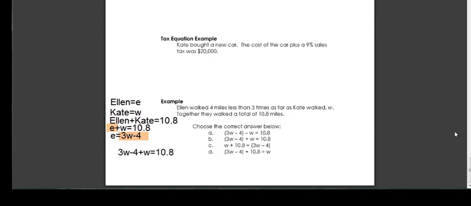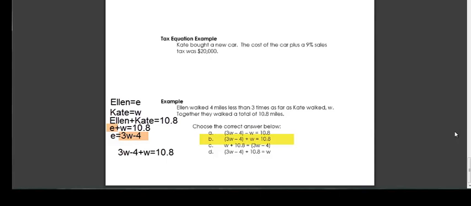So if we do that, we'll have 3W minus 4 plus W equals 10.8. Now, does that look like any of our answers? Yes, that is the exact same thing as B. And that would be the equation that we would use.